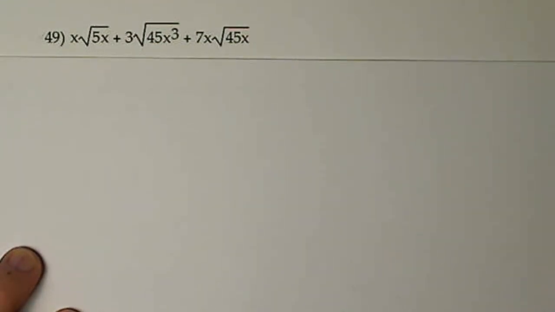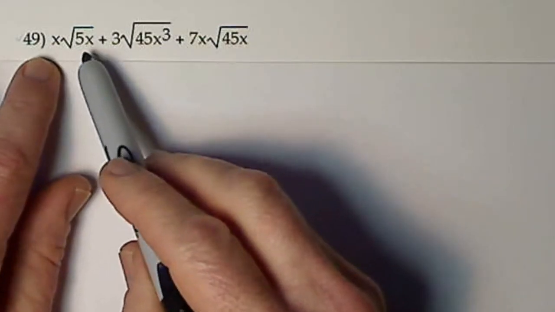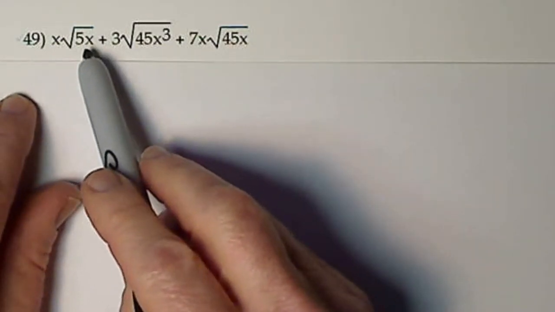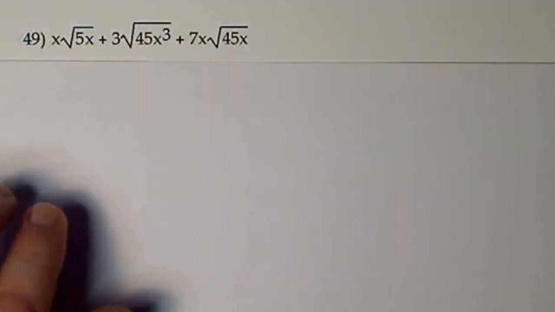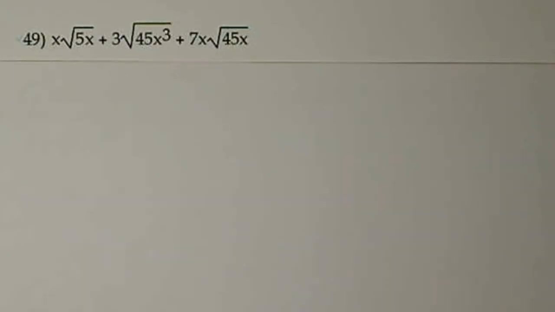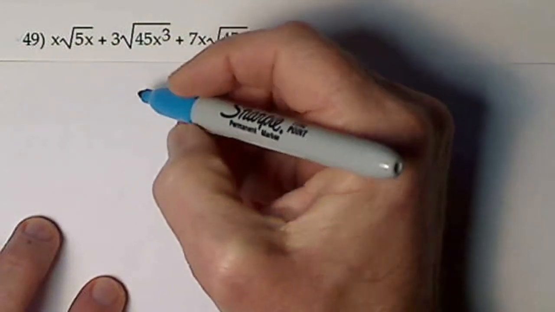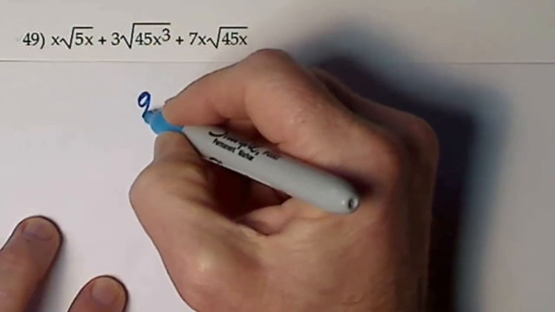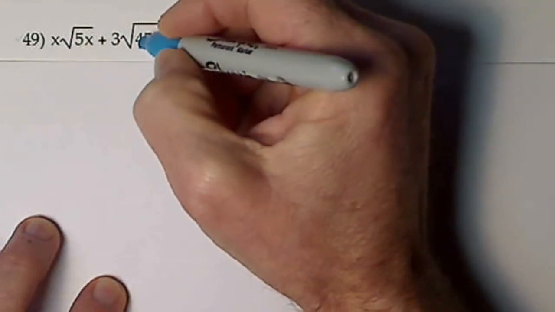And maybe I can zoom in to start. So this is going to stay the way it is. 5 and x, there's no way to get any of that out from under the radical. But here, 45, we could rewrite that 45 as 9 times 5. Okay, that's 45.